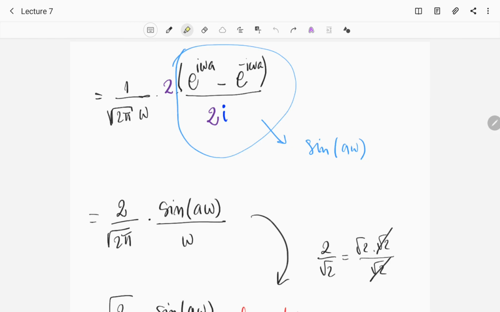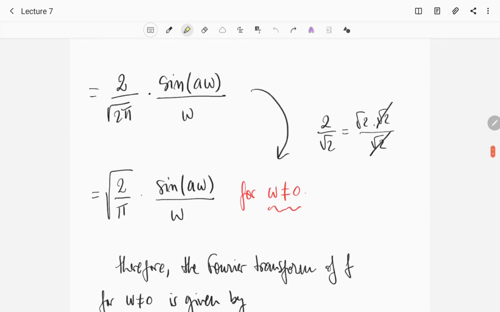We can also do one more step here, because 2 over square root of 2 pi gives the square root of 2 over pi. So finally what we have is this expression, but remember that to be able to integrate, we ask this omega to be different from 0.